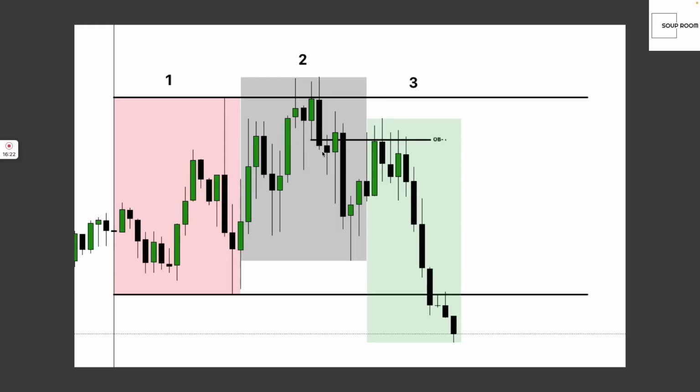Once we close below with this candle, we can now confirm that we have bearish order flow. We can now confirm that the market has entered a sell program. We can now be confident to enter above candle 3's open, where in the order block. Short where, targeting where? The bottom of candle 1's range.